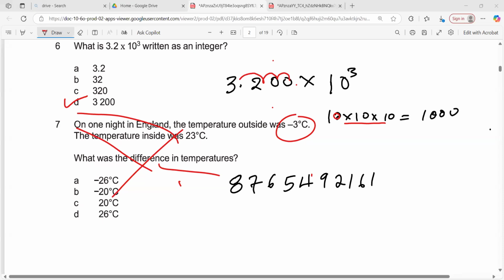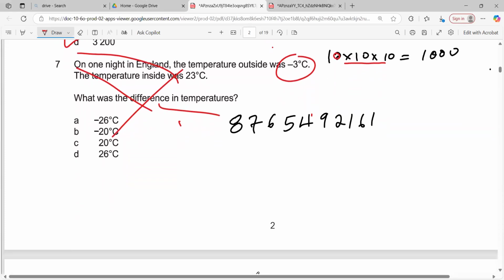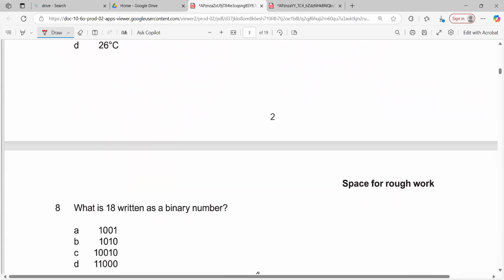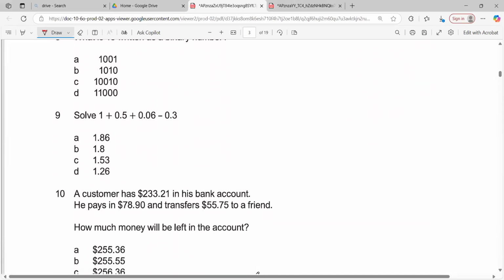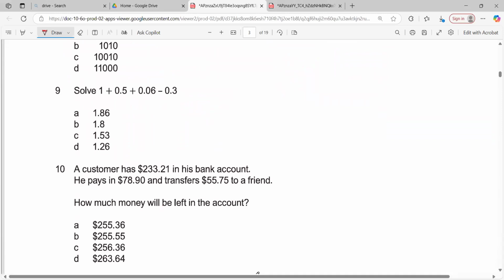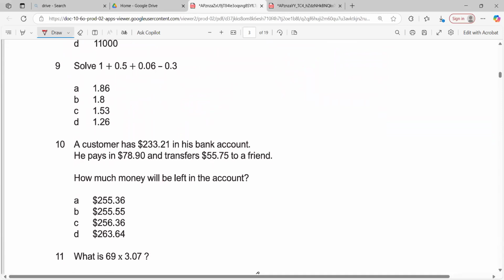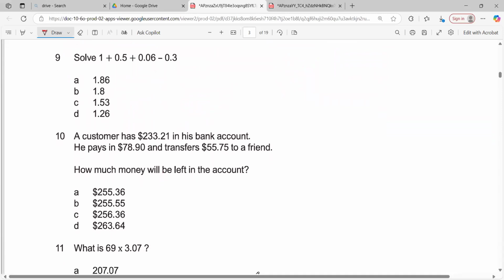Put the number beside it as well, all right? So you don't just put D, put for example number 6 and then you put the answer. Alright, so we're on to number 9. Decimal. Decimal is a must. It says solve 1 plus 0.5 plus 0.06, minus 0.3.